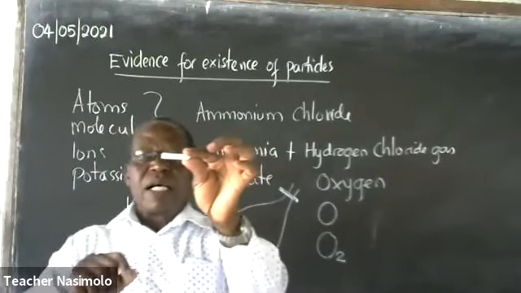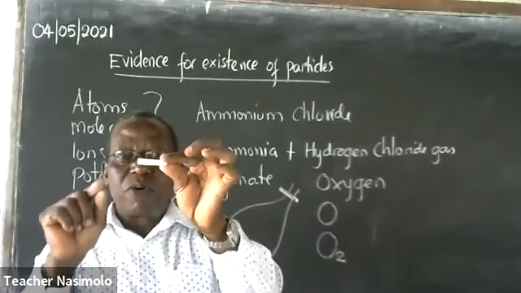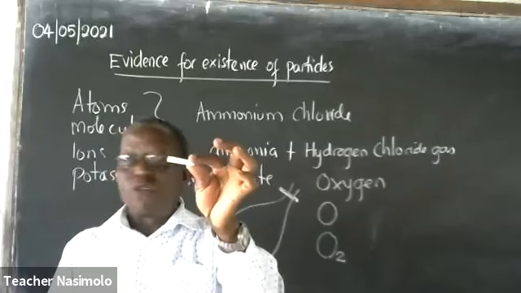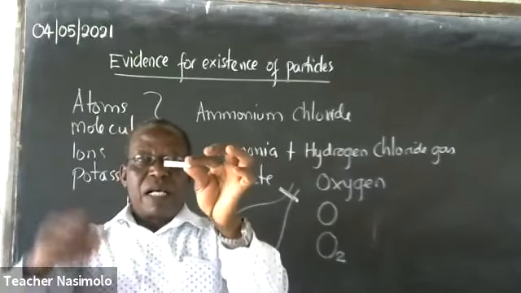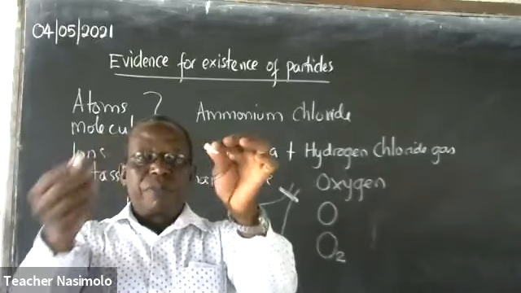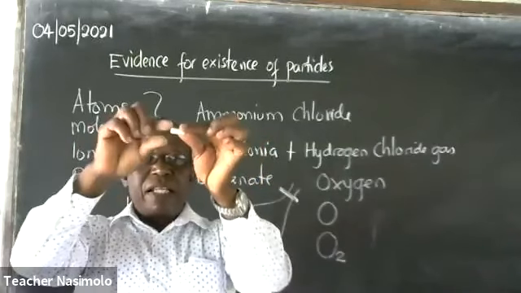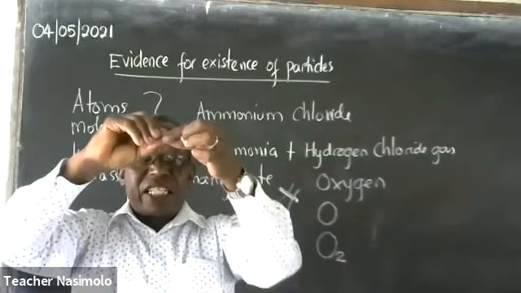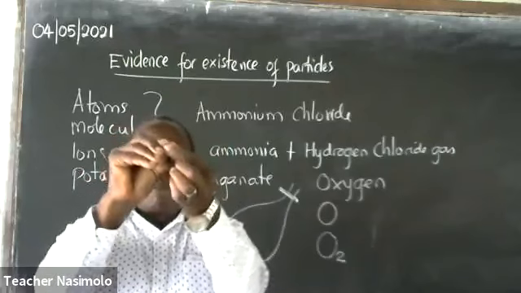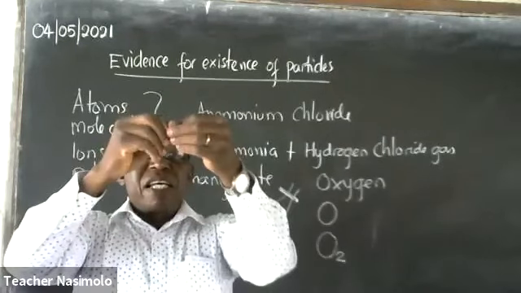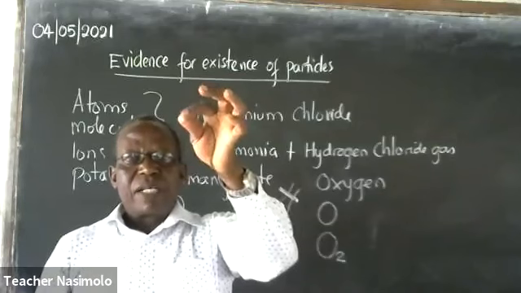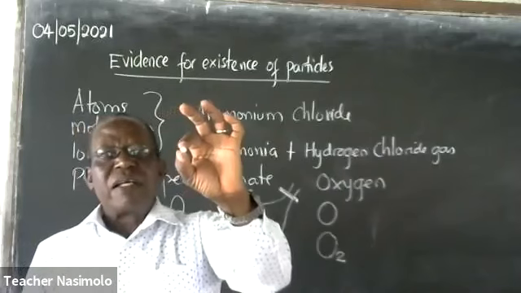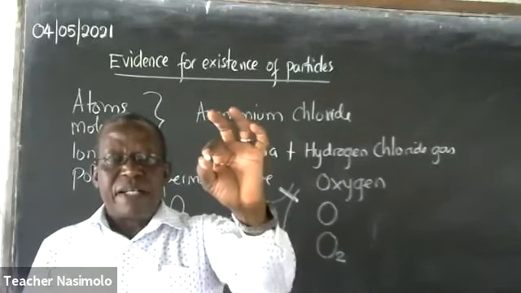Supposing you try to isolate just one particle of this piece of chalk, it will be very difficult, because I'll first break it into two, put one aside, then this one I also break into two, and I continue breaking it into two. Now you can see that this one is becoming difficult to break. Even this one which I'm holding has very many particles, very many indeed.